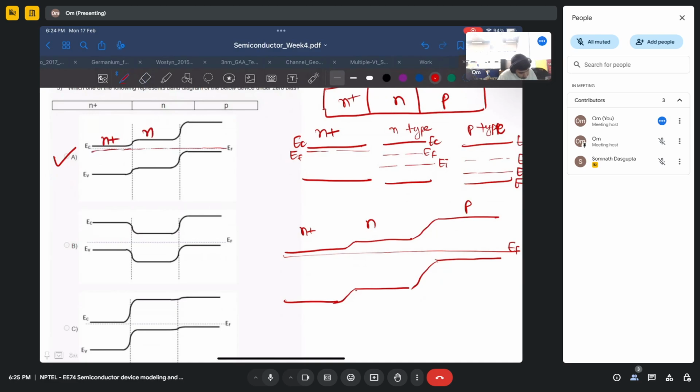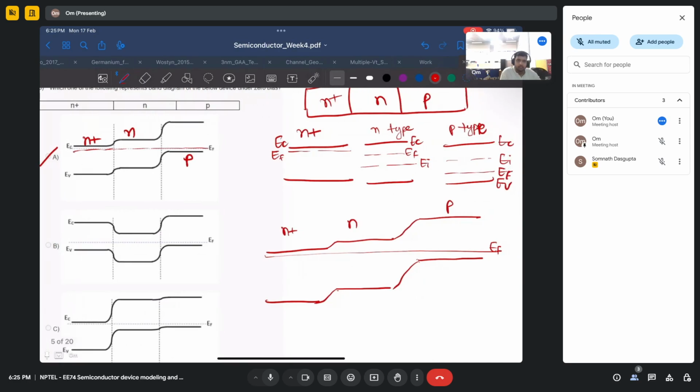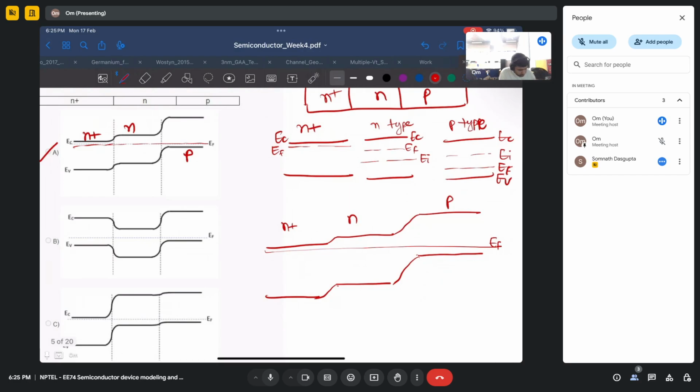N plus, N and P. Okay, so if this is clear, can you tell me what kind of device is in B?